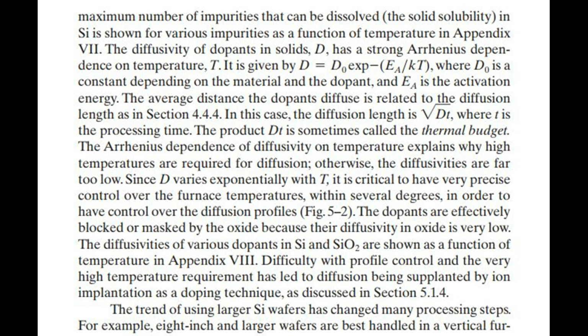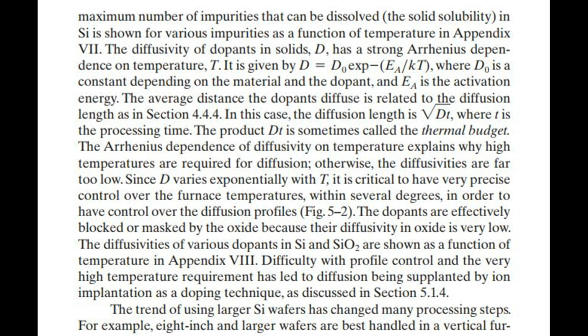The dopants are effectively blocked or masked by the oxide because their diffusivity in oxide is very low. The diffusivities of various dopants in silicon and silicon dioxide are shown as a function of temperature in Appendix 8. Difficulty with profile control and the very high temperature requirement has led to diffusion being supplanted by ion implantation as a doping technique, as discussed in section 5.1.4.